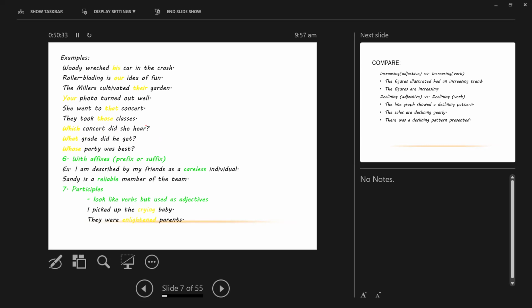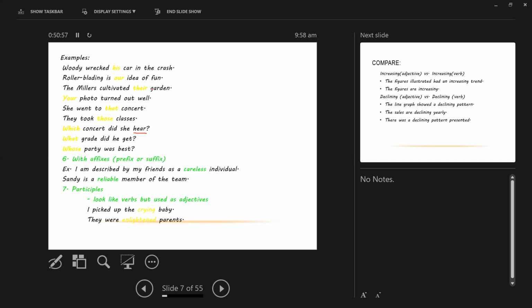Again, why did I use the word see instead of watch? Do you have any idea why? I changed the example, guys. Instead of hear, I replaced it with see. Which concert did she see?